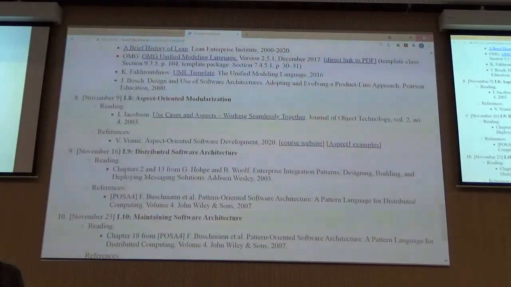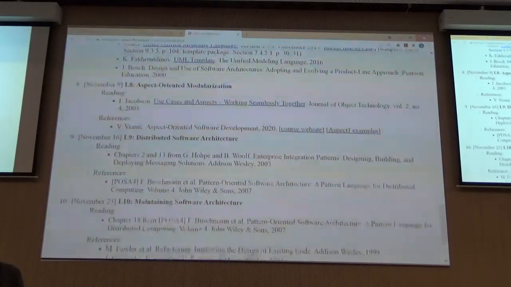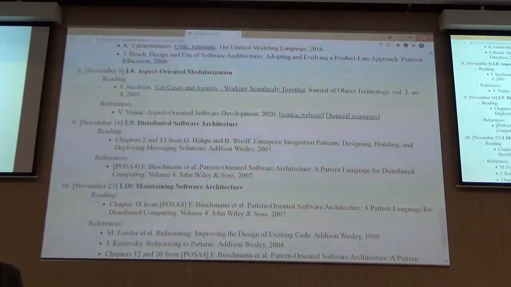And actually three of them. Sorry, I forgot about maintaining software architecture. So in these 2, distributed software architecture and maintaining software architecture, we will get back again to patterns to some extent. And this one, aspect-oriented modularization, will not be related so much to patterns.